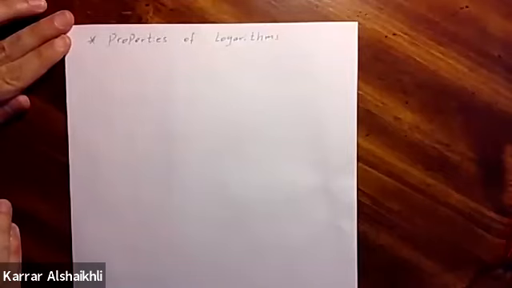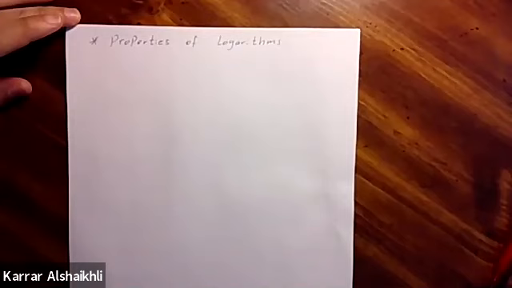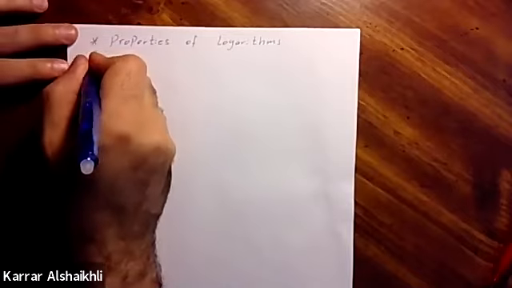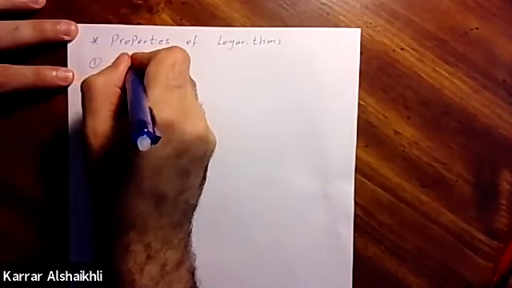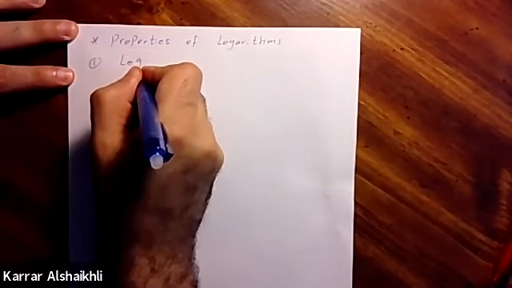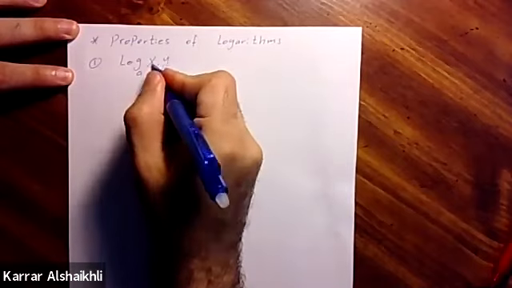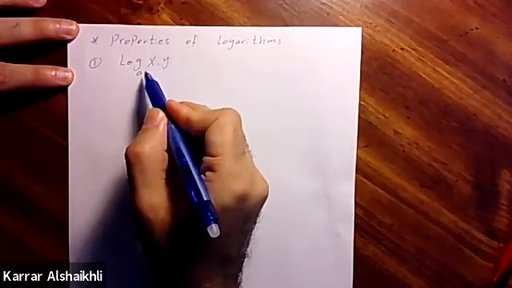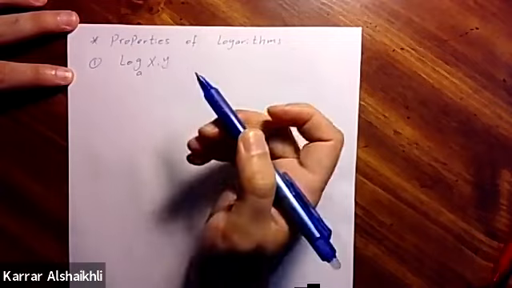Now let's study the properties of logarithm, which is going to help a lot to simplify the logarithm. The first property: if you have log to the base a of x times y, that means the multiplication between two numbers, like 2x, xy, the same thing, 2 times x.